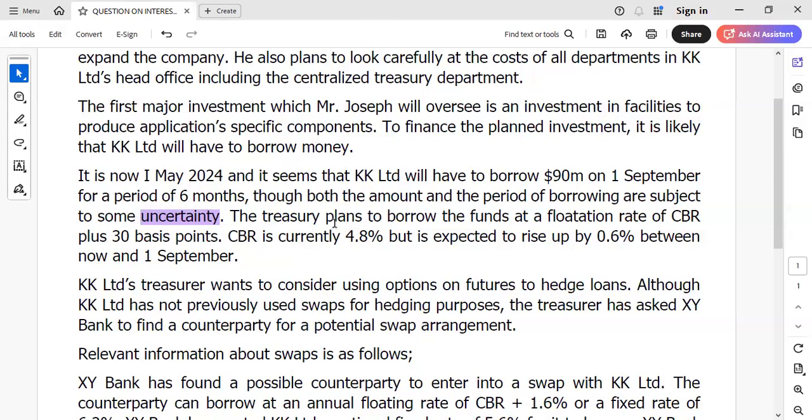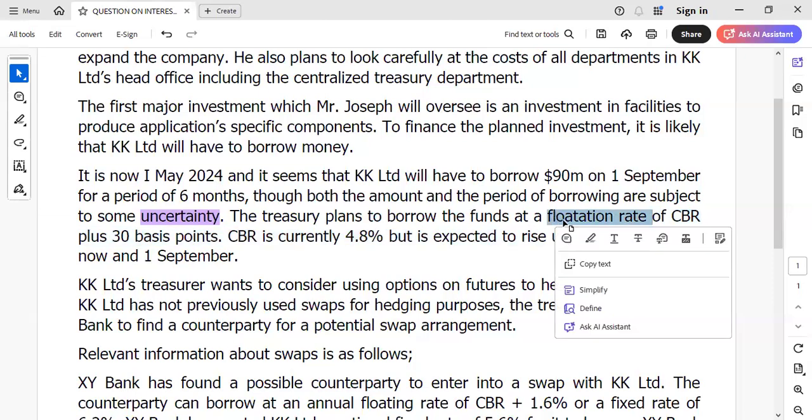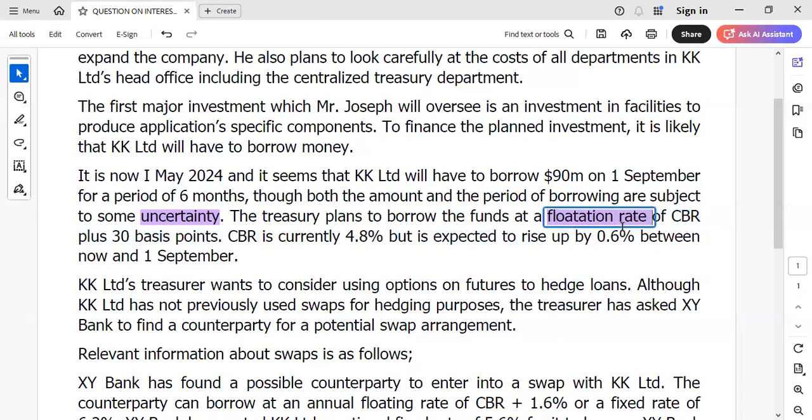So the treasury plans to borrow the funds at a floating rate of CBR plus 30 basis points. The CBR, this is the floating rate. That is CBR plus 30 basis points.